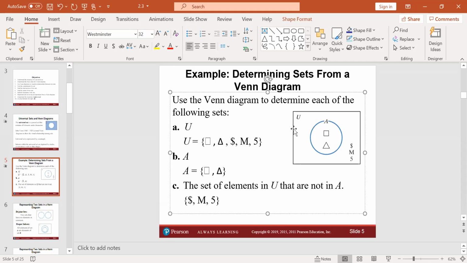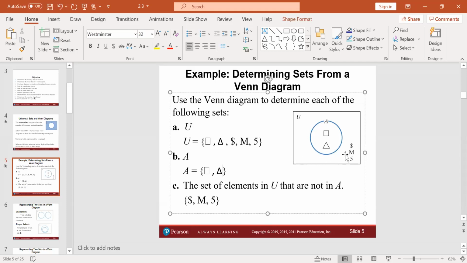A visual representation of this: the entire box is the universal set. That's the set that has everything of interest in it. I'm going to use a U here in the top left corner. The set A is going to be a circle within that box that contains its elements. Now, we may not always write explicitly the elements in the Venn diagram, but we could. So here's set A. It has the square and the triangle exactly as the set A lists.